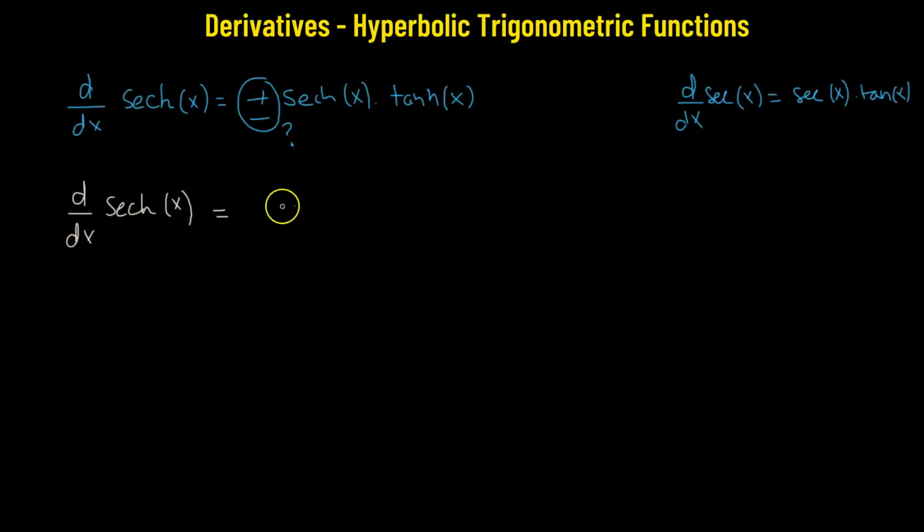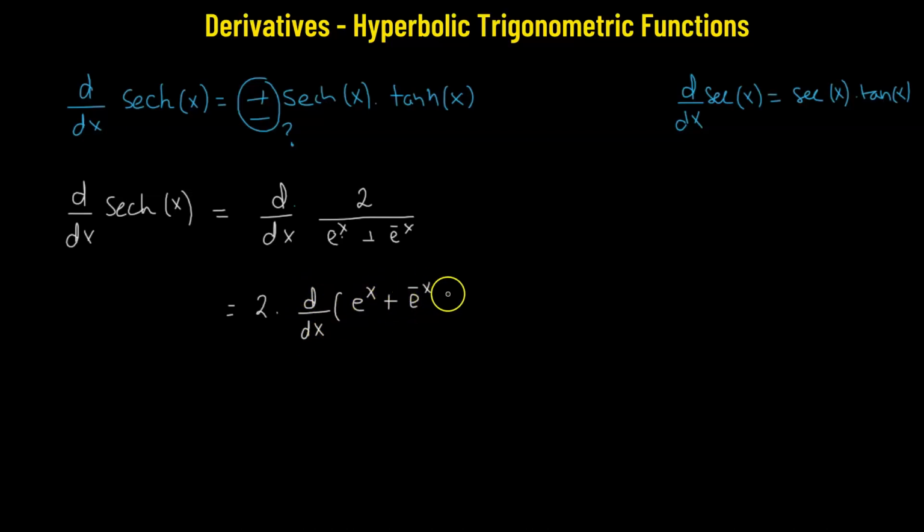The hyperbolic secant function, which is the reciprocal of the hyperbolic cosine function, is 2 divided by e raised to the power of x plus e raised to the power of negative x. Similar to the previous problem, we can also rewrite it as the derivative with respect to x of e raised to the power of x plus e raised to the power of negative x, raised to the power of negative 1.